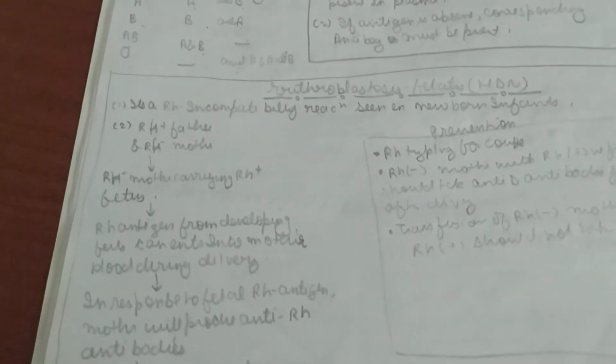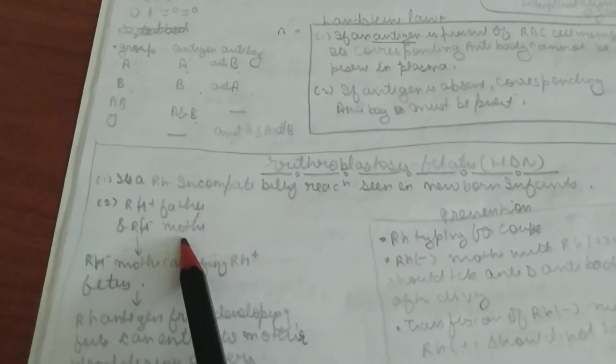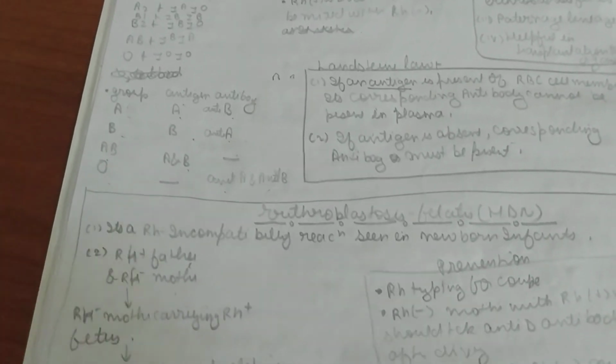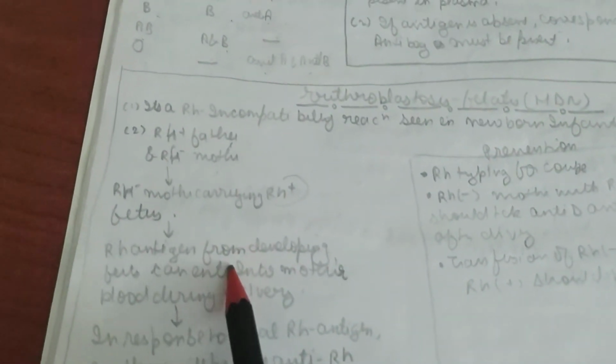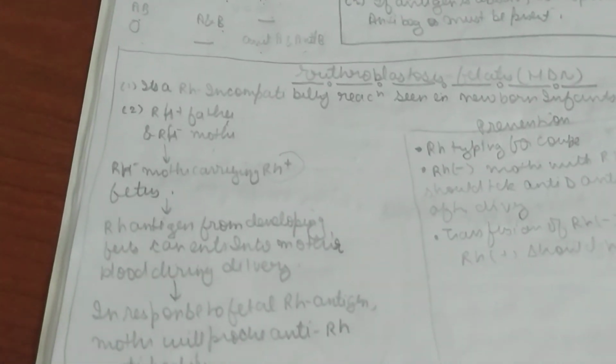So second, how does this happen? So let's talk about when the father is RH positive and mother is RH negative. RH negative mother carrying the RH positive fetus in her body, right? So RH antigen from developing fetus can enter into mother's blood during delivery.